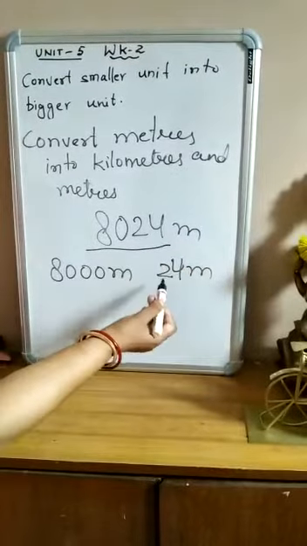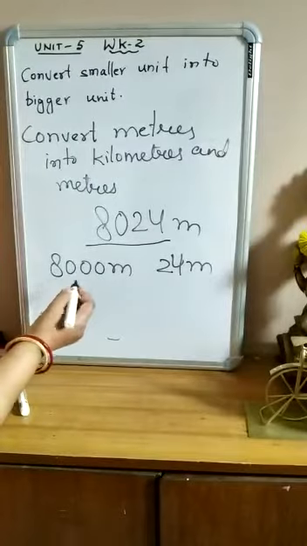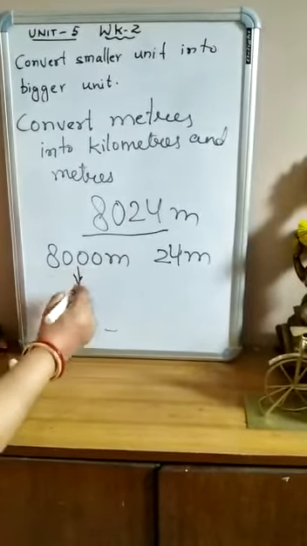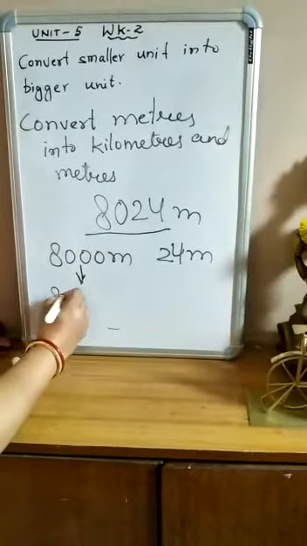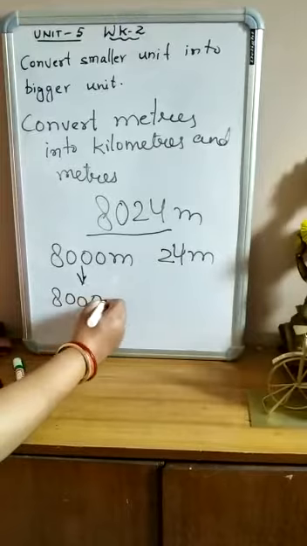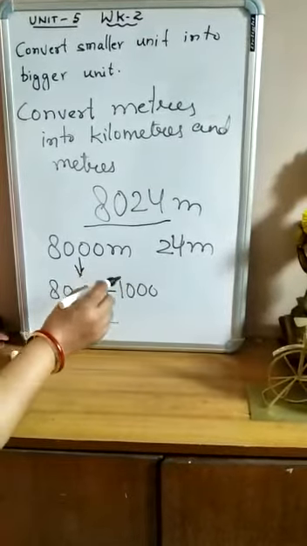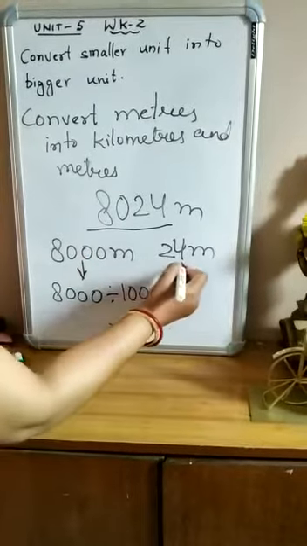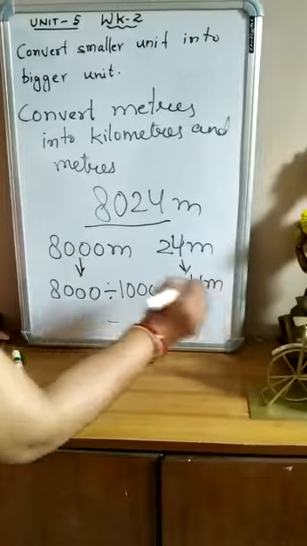Here 24 is less than 1000, but here 8000. So what we will do, we will convert this 8000 meter into kilometer, correct? So we divide this 8000 by 1000, because 1 kilometer is equals 1000 meter. Now I will write down this 24 meter along with it, correct?